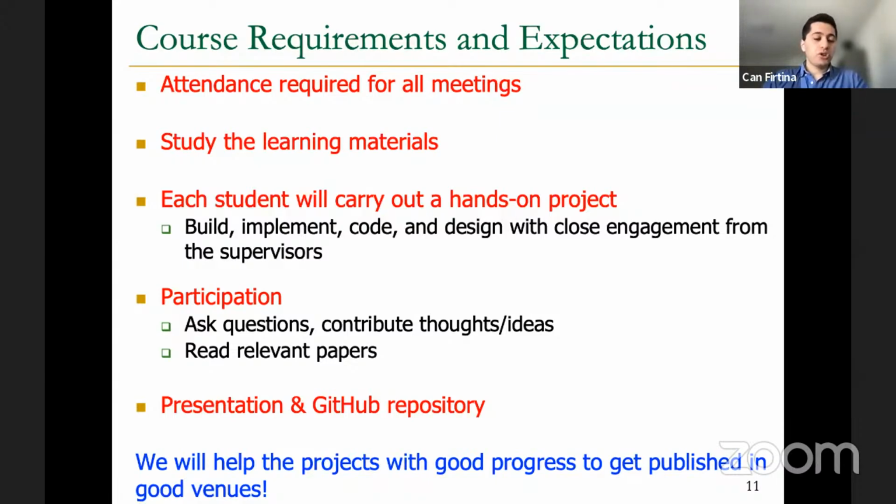And also you should be reading relevant papers, so that you can learn about the topic that you're working on. Mentors are going to be assigning you the papers so that you can read and learn, right?